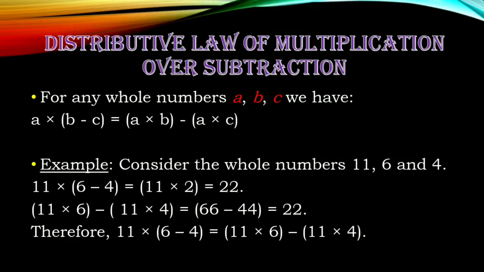Therefore, 4 subtracted from 6 multiplied by 11 is equal to 4 multiplied by 11 subtracted from 6 multiplied by 11. This is the distributive law of multiplication over subtraction.